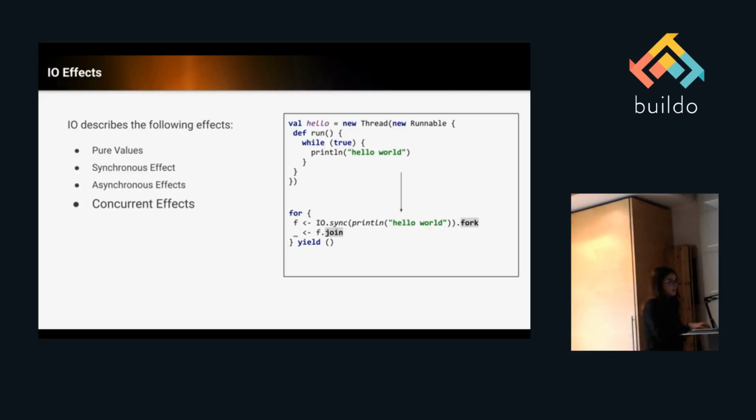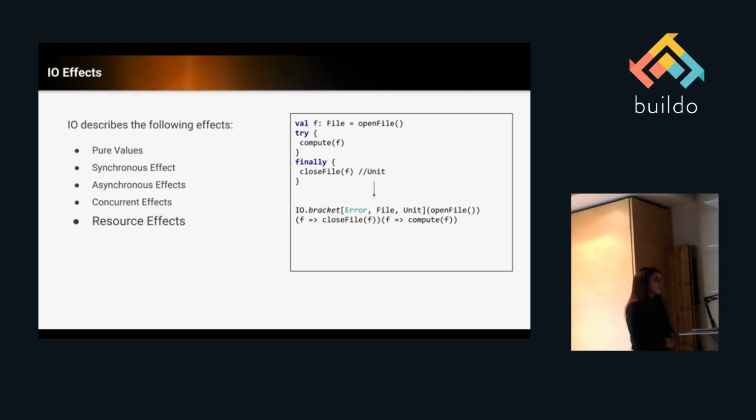Also, if you have, for example, an IO value which runs forever, you can interrupt it. And you can also observe the fiber, and check if the fiber ran successfully, failed with an error, or was interrupted.